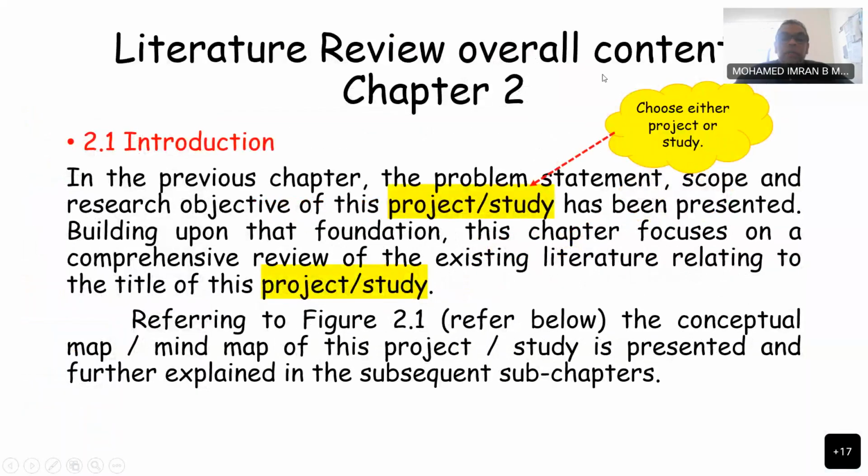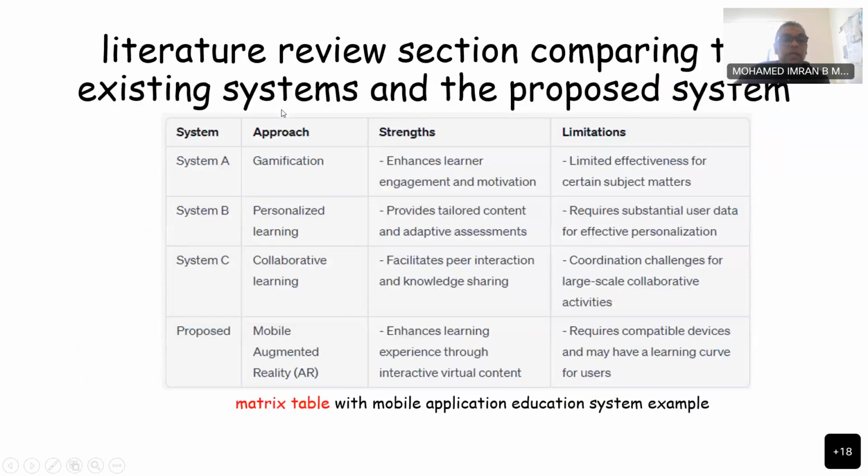In literature review, I'm giving you some examples here about the contents of chapter 2. These slides I've already uploaded, so you can look at it when you have some free time. Before you start, chapter 2 has a few ways of writing it.